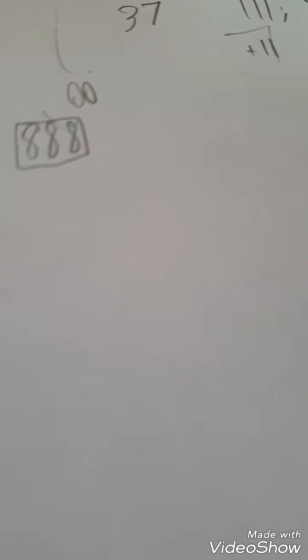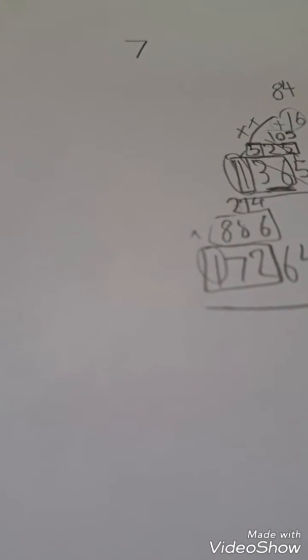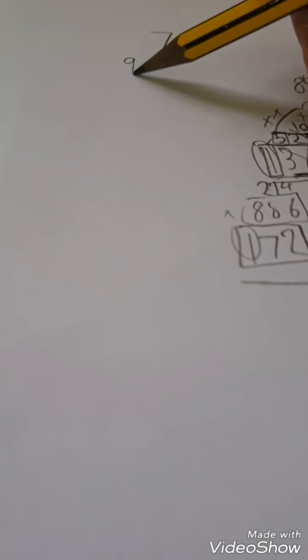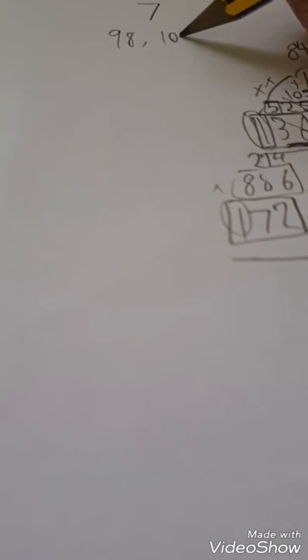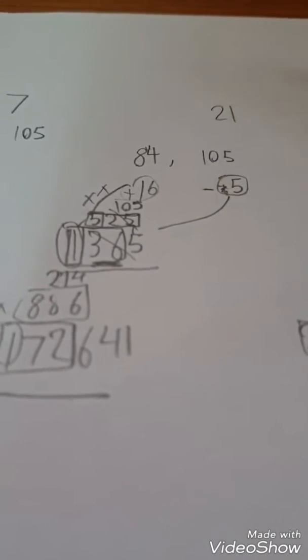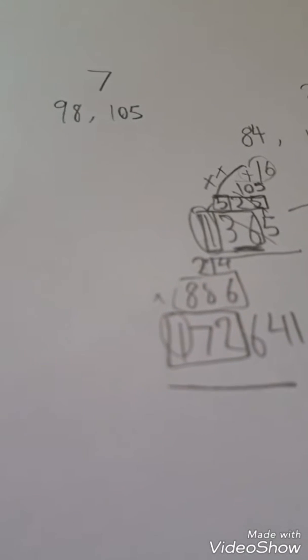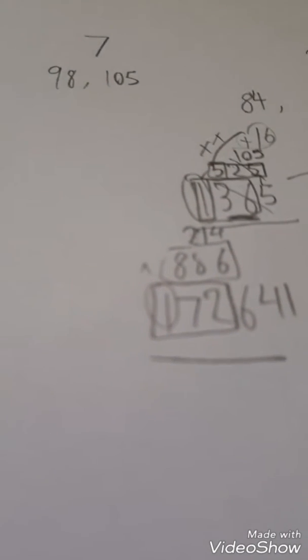Let's take another easy number, for example 7. The nearest two numbers to 7 are 98 and 105. And 105 is like 21 obviously, because they are both divisible by 7.